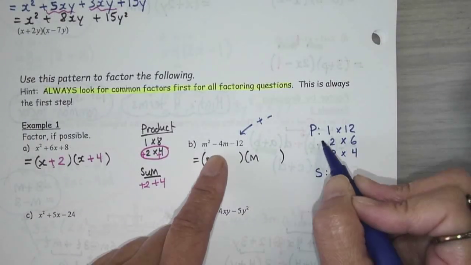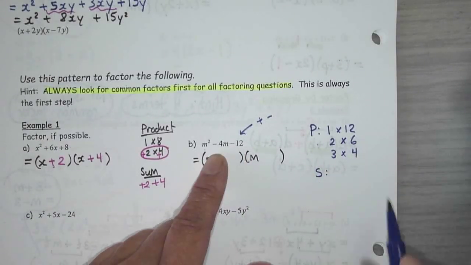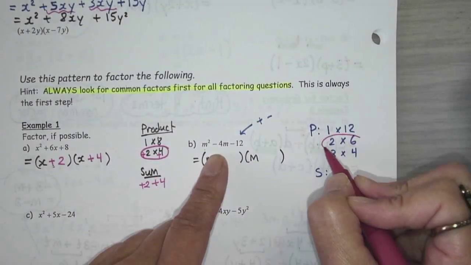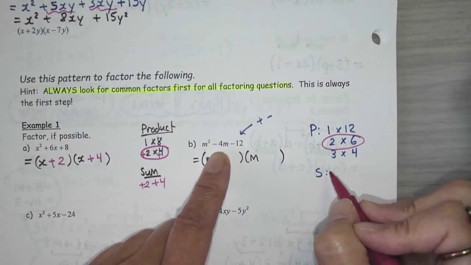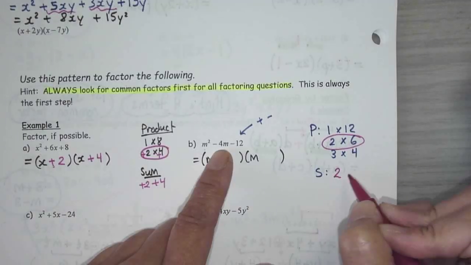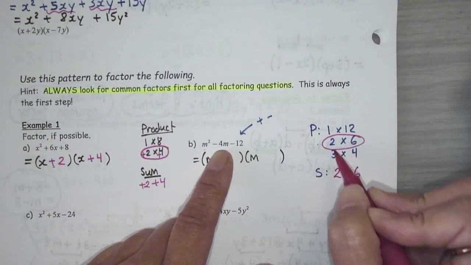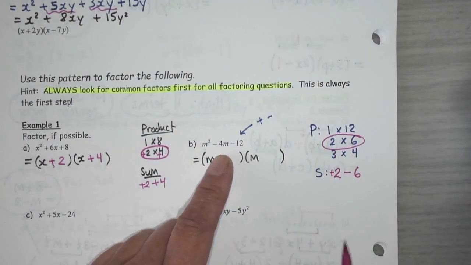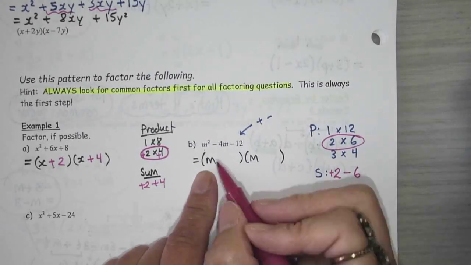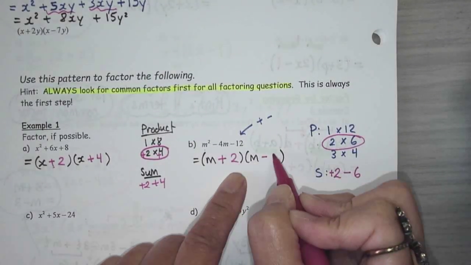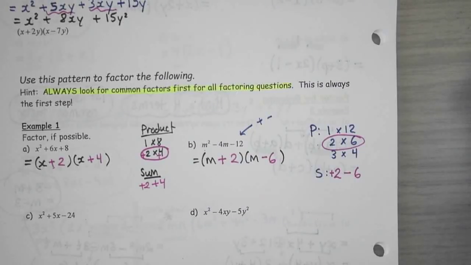So here, these two can get to 4: 2 and 6, as long as it's a positive 2 and a minus 6. So positive 2 and a minus 6, they add to negative 4. So those are the two numbers I put here, positive 2 and minus 6.